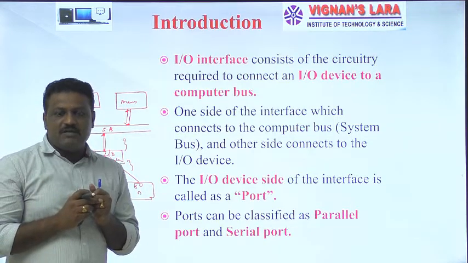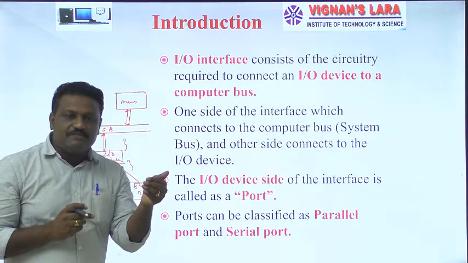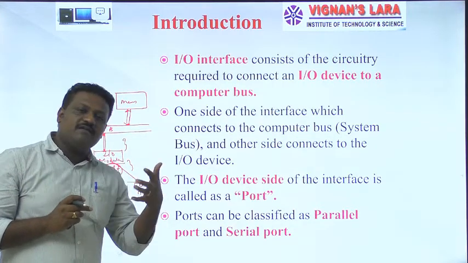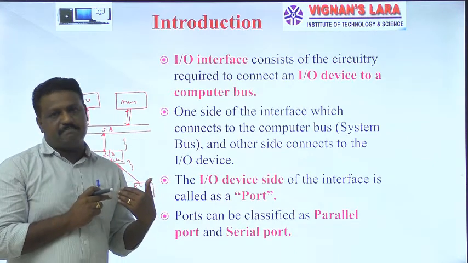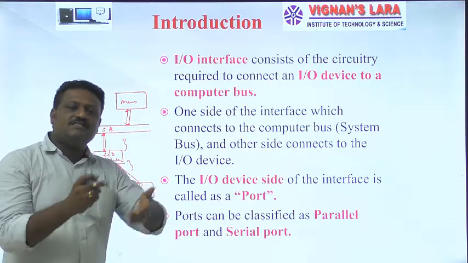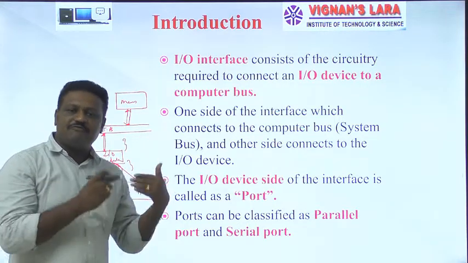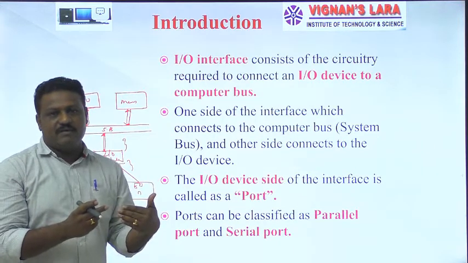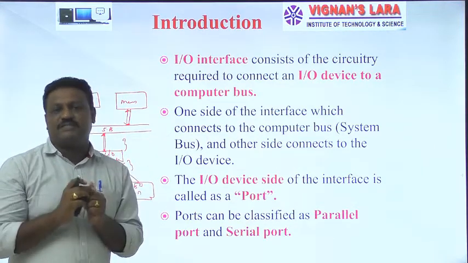For example, if your external device is an input device, that input device transfers n number of bits in parallel to the I/O interface at a time. Or if your device is an output device, then the device receives multiple bits simultaneously from the I/O interface. Such devices we call parallel I/O devices.